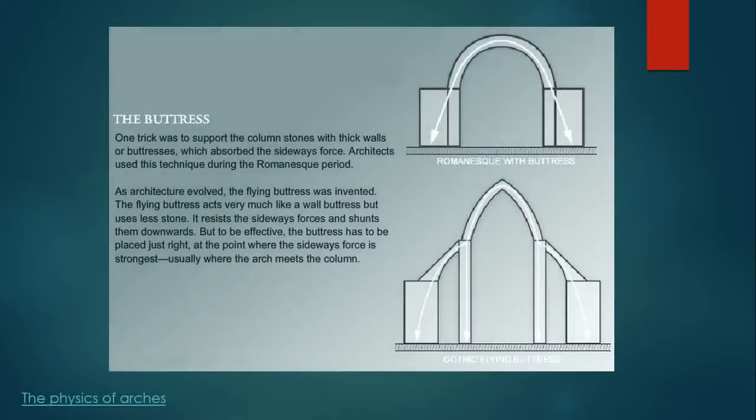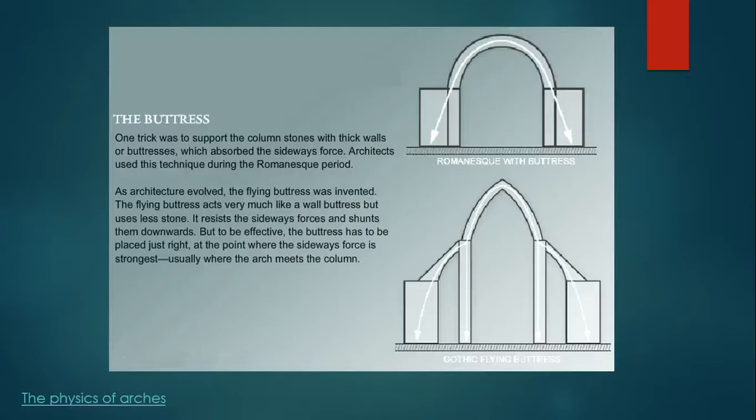Now there were some tricks developed to make these arches a little more stable, and one of those tricks was the buttress. So a buttress is nothing more than a thicker wall that's on either side of the columns, and that thicker wall helps to absorb that sideways force that's trying to force the columns out. And another version of the buttress, which you see down below, is the flying buttress.